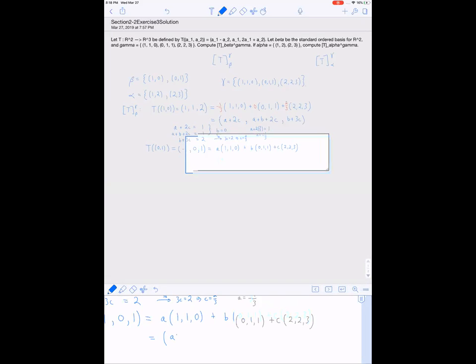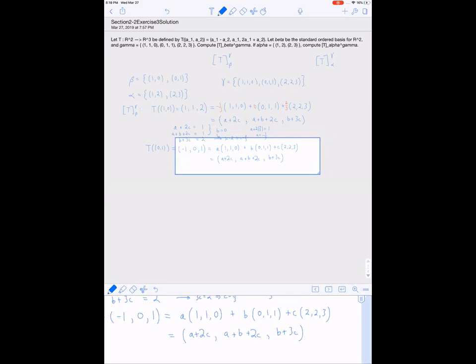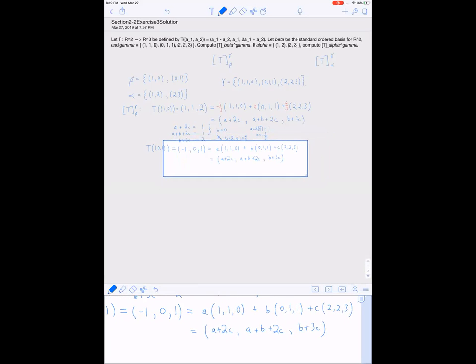This is A plus 2C, and then A plus B plus 2C, and then B plus 3C. It's, of course, the same linear combination we had before, except now we're trying to equate this to the vector negative 1, 0, 1.